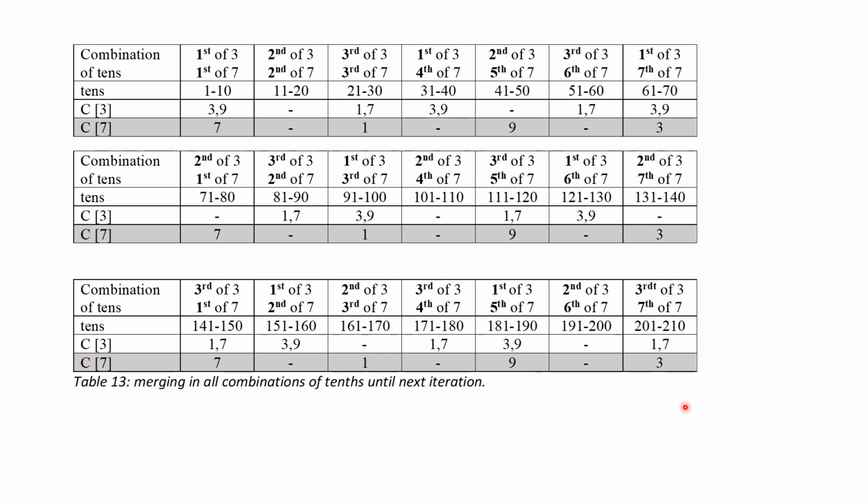So the first 10 of the cycle of 3 is going to be combined with the first 10 of the cycle of 7, with the second, the third, the fourth, the 5, the 6, and the 7th 10 of the cycle of 7. We're going to combine only one time with all of them. And this is going to be very important because that system is going to lead us to some equations, so we're going to be able to track these cyclic prime tens.